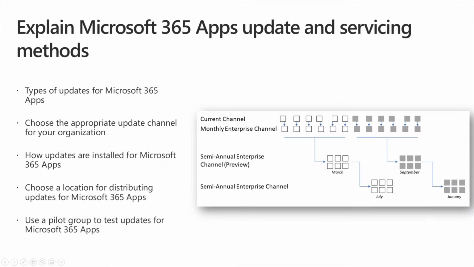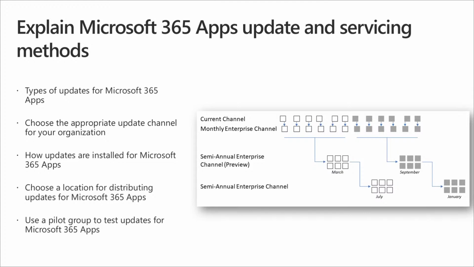How does this work? Well, the updates are going to be provided through different channels. Current channel is approximately every month. So you can see that in the diagram here. Monthly enterprise channel is monthly, but it's the second Tuesday of the month, so you can have a more predictable time when you know you might be hit with an update.